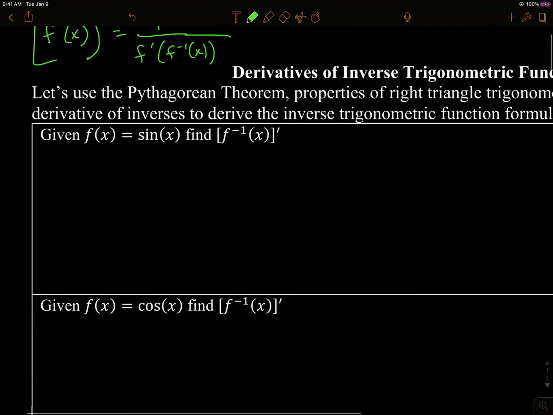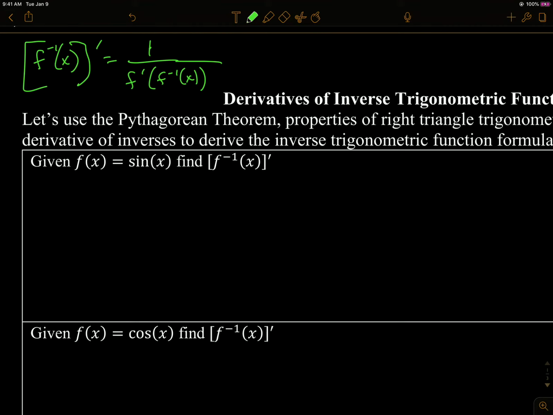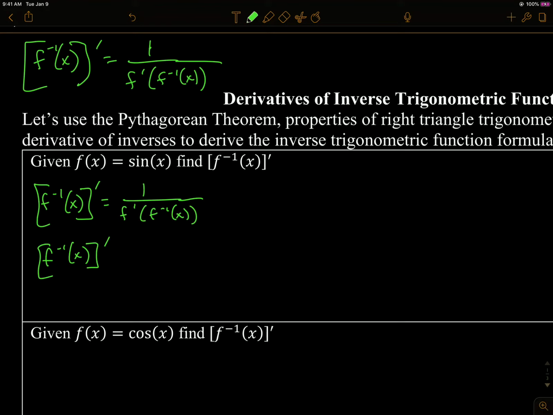All right, so we're going to use that to develop the derivative of inverse sine. Using this equation for finding the derivative of the inverse, we're going to say that the derivative of the inverse of sine is going to be equal to 1 over f prime.